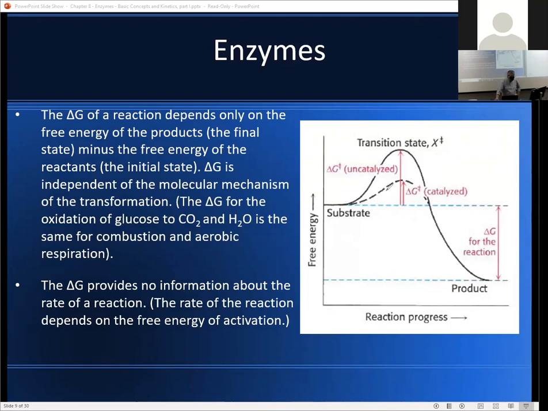If we add an enzyme, this dashed line is the energy of activation with an enzyme present. In other words, we're catalyzing or speeding up the reaction. So enzymes work by lowering the energy of activation. All right. How do they do that?